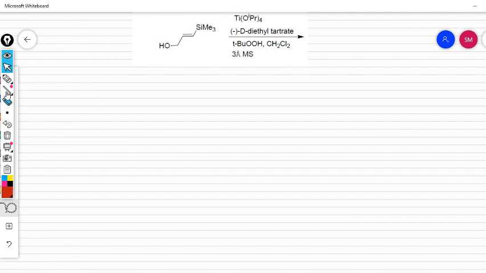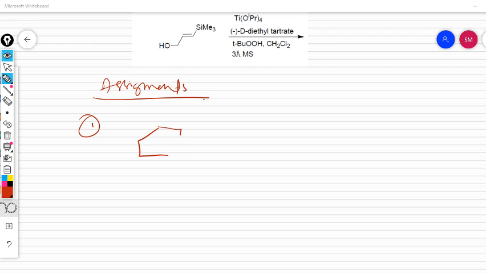So let's try assignments for today. So the first one: asymmetric epoxidation of Sharpless will happen only with allylic alcohols. Okay, only allylic alcohols.